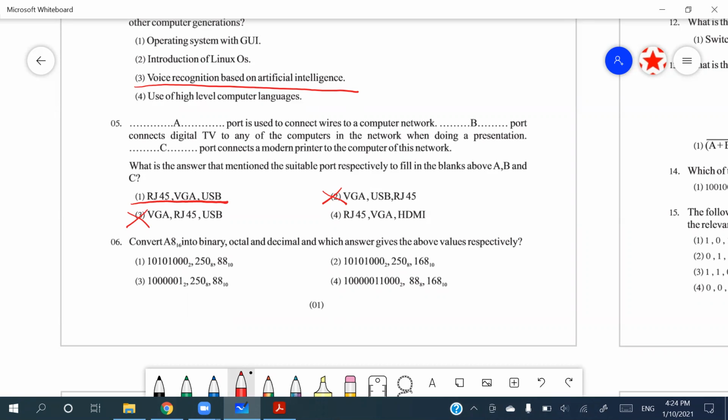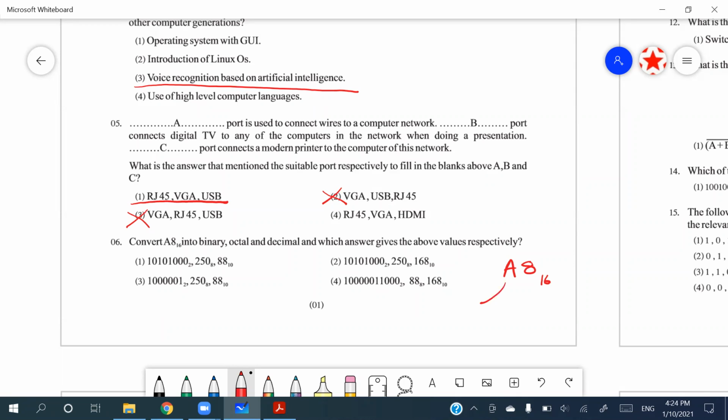Okay, so the next one is asking to convert A816 into binary, octal, and decimal, and which answer gives the above values respectively. So A816 is a hexadecimal value. Converting this into binary is an easy one. How are we going to do that?